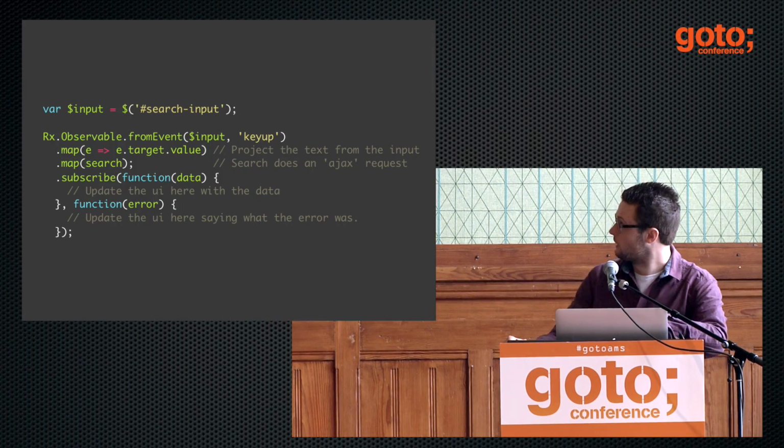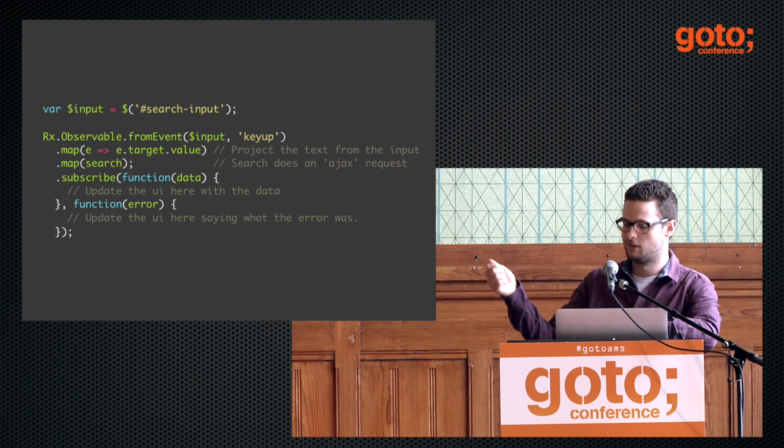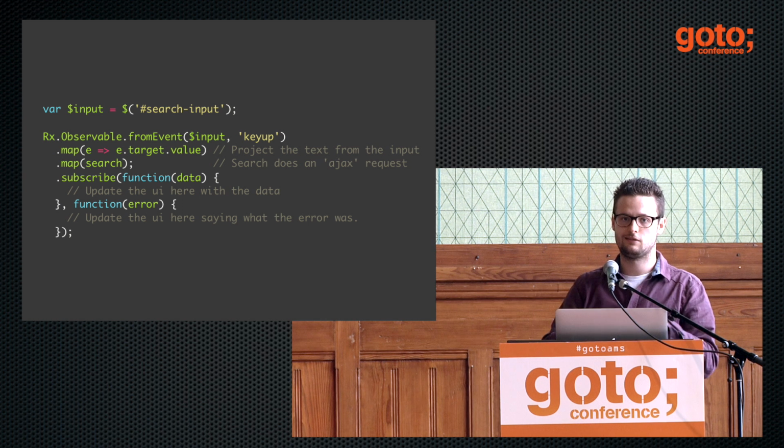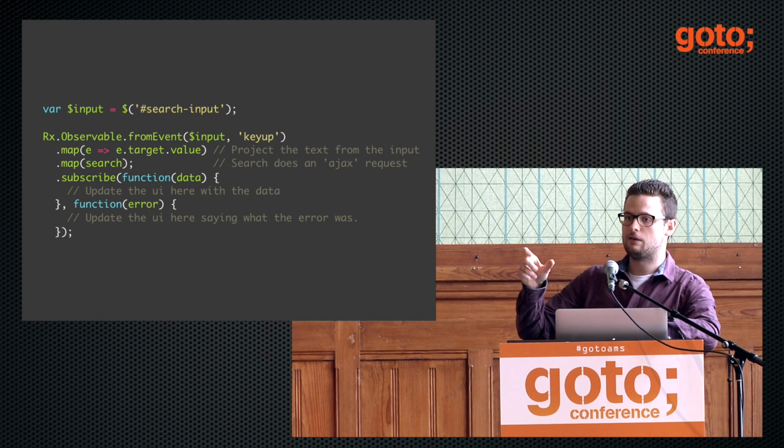So here's the code. The first thing we need to do is get a reference to an input element. In this case, the element in which you can do your query. And then we do some RxJS magic. We create an observable for each time the input element has a key up event.